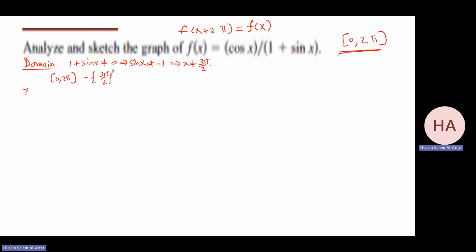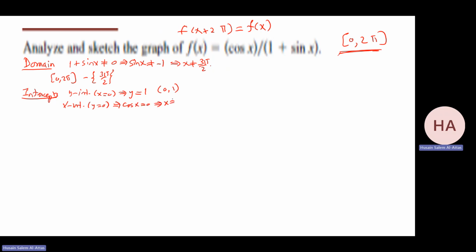Okay, intercepts. What will make x equal 0? I'm getting y equal 1. So I have 0 and 1. The x-intercept will make y equal 0, so I'm getting cosine x equal 0.